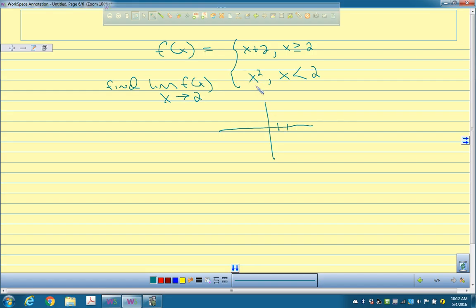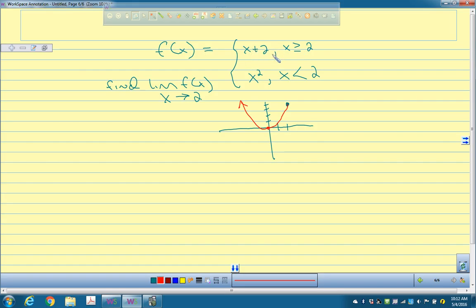If I plug in 2 in here, what do I get out? 4, okay? So 1, 2, 3, 4. So up until this point, this function looks like this parabola, not including this point. I should have made that an open circle, but it looks like a parabola, right? That's what y equals x squared is. Up until this point, I use this equation. After this point, I use the equation y equals x plus 2.